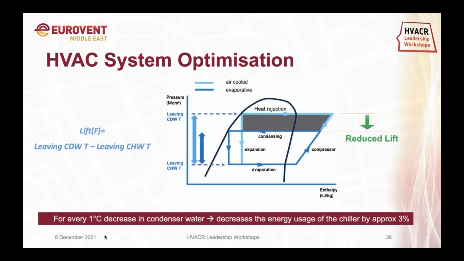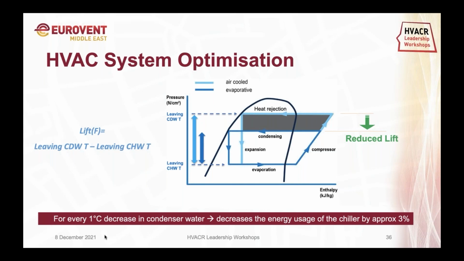Now, if you plot this on a pressure enthalpy diagram, what I was highlighting in the previous slide, we can see that there's a vapor compression cycle, and the difference between the leaving chilled water temperature, which represents the evaporation, and the leaving condenser water temperature in the case of a water cooled system represents the lift of the compressor. Higher lift means higher power consumption of the compressor, and the compressor, as I mentioned before, consumes much higher power as compared to the cooling tower.